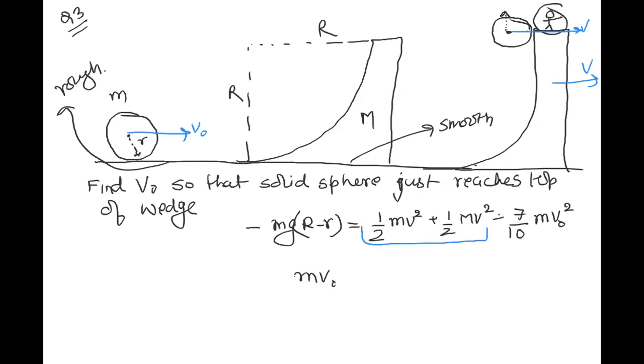We get mv naught is equal to m plus M into v. Okay, now you take this value of v, put it here, and find the value of v.